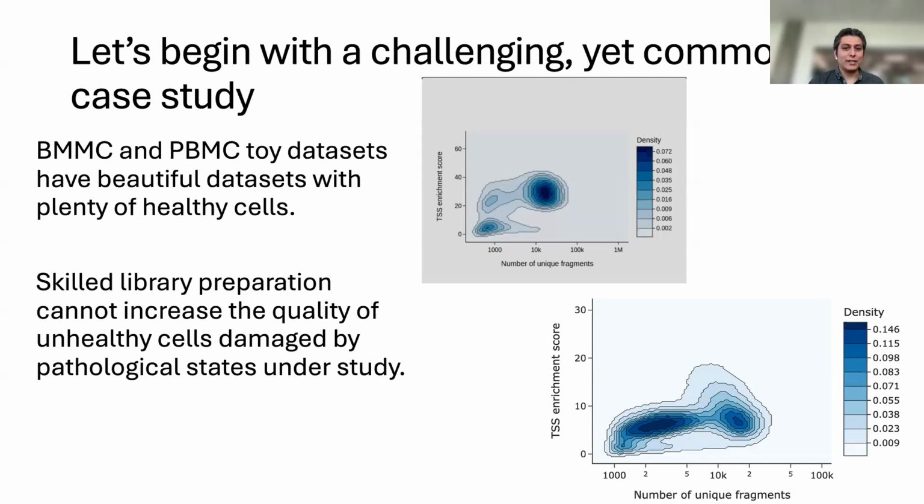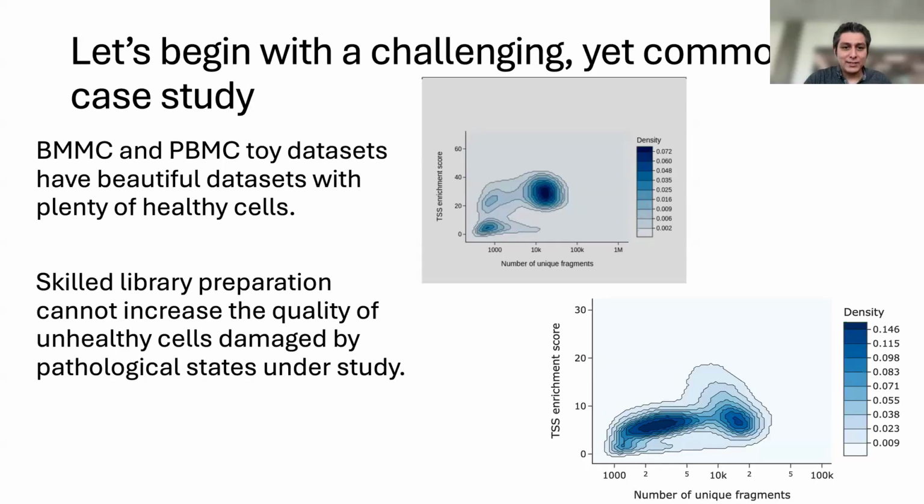So we have to think carefully about our QC choices and what that means for our analysis pipelines. It doesn't matter how skilled you are at the wet lab process of library preparation. It's not going to do much to increase the quality of the unhealthy cells themselves. If we are working in a system where we know that these cells are damaged or unhealthy, you're going to have that confounding variable to work around.